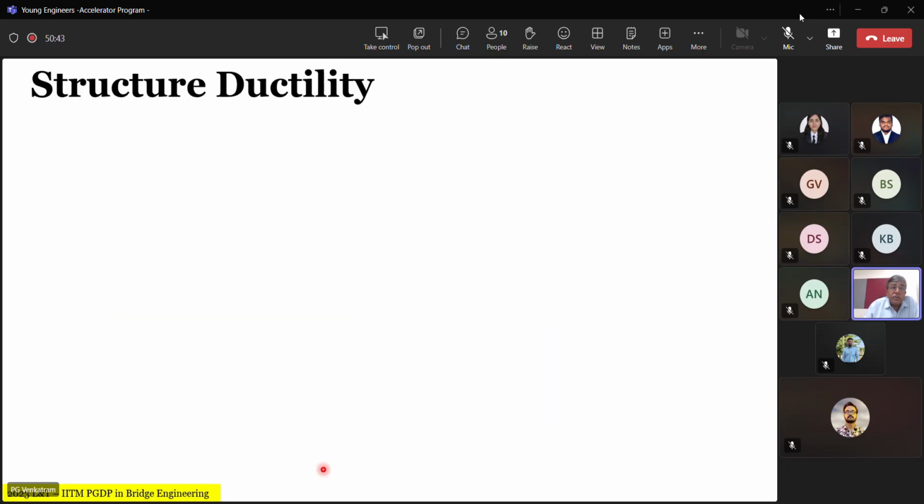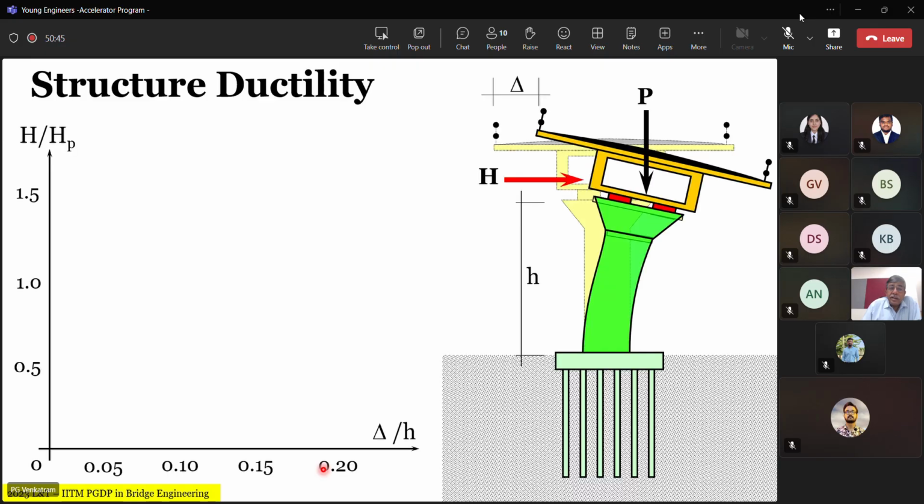So when it comes to structure ductility, if we have to determine the structure ductility being defined as the deflection at the peak divided by the yield deflection, obviously the structure ductility will be very high when you don't have any P. Because of course lateral deformation we talk about, you need to have horizontal forces there, but if the P is 0, you will end up having the highest structural ductility.